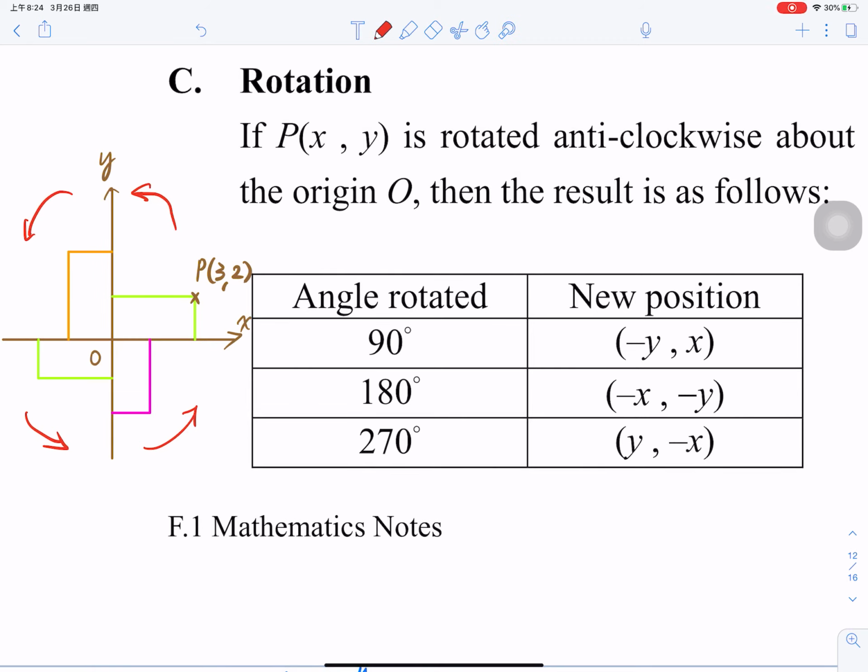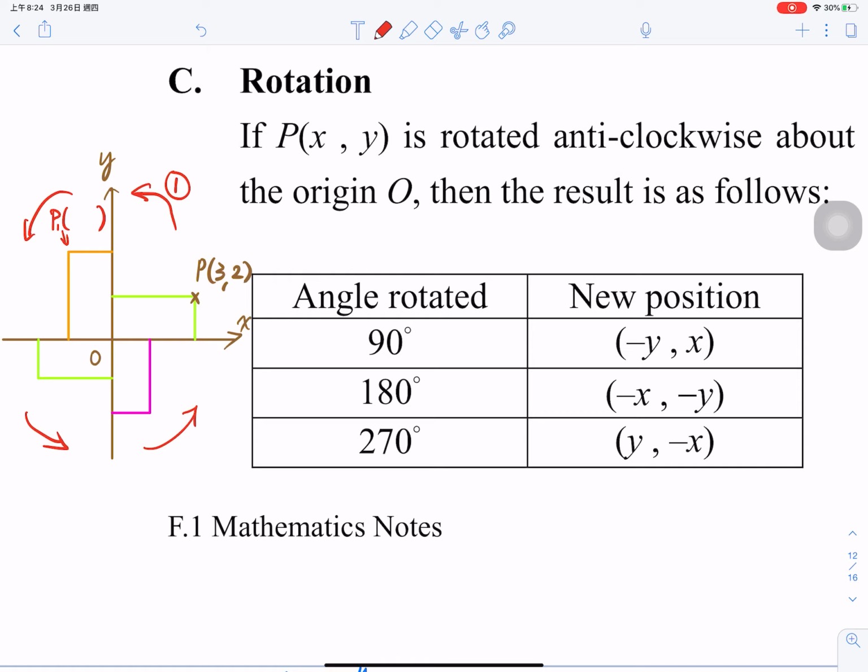Can you tell me this image? Yeah, the first one. Rotate 90 degrees. You see that this point is P1. What are the coordinates of P1? The XY coordinates change, because this rectangle, do you remember?